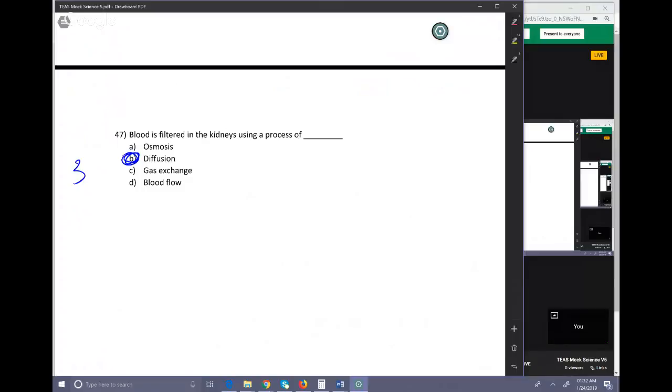Mock Science 6 is designed the same way to be a little bit too hard to get some of those thought processes going. So if you're doing 5 and 6 as part of a secondary program, you will find probably that by the time you get to the test, the thought processes you're having to use on the test are much simpler than what you're using here, and you're over prepared.